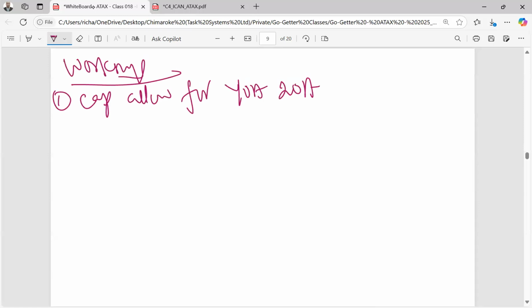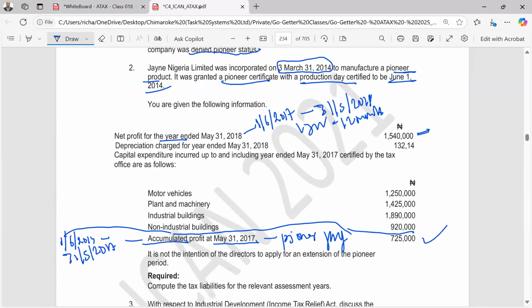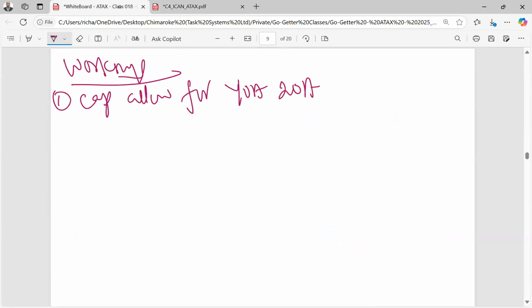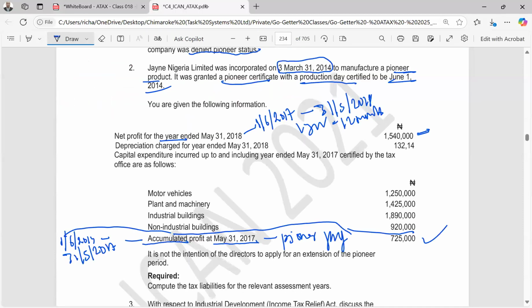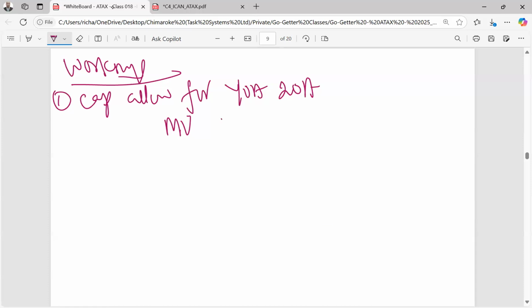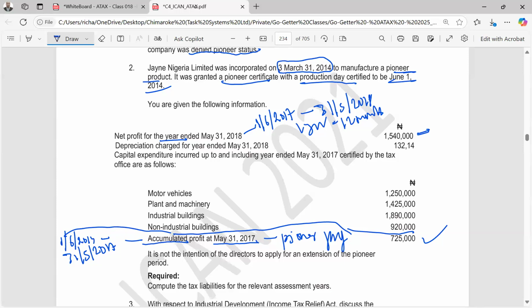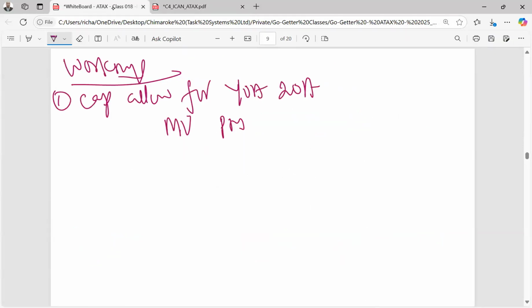I'll look at them one by one. Motor vehicle, I'll call it MV. Plant and machinery, PM. Industrial building, IB. Non-IB, NIB, and I'll call this total.